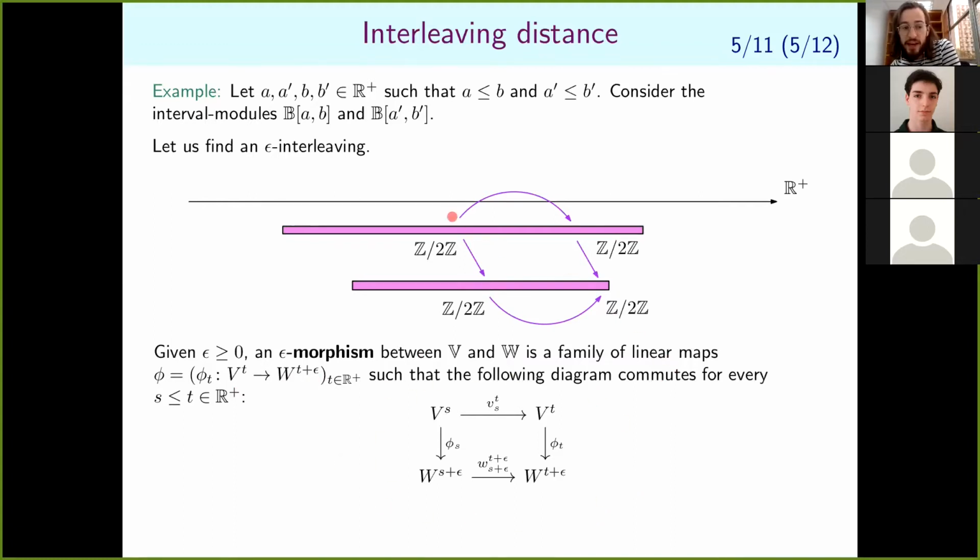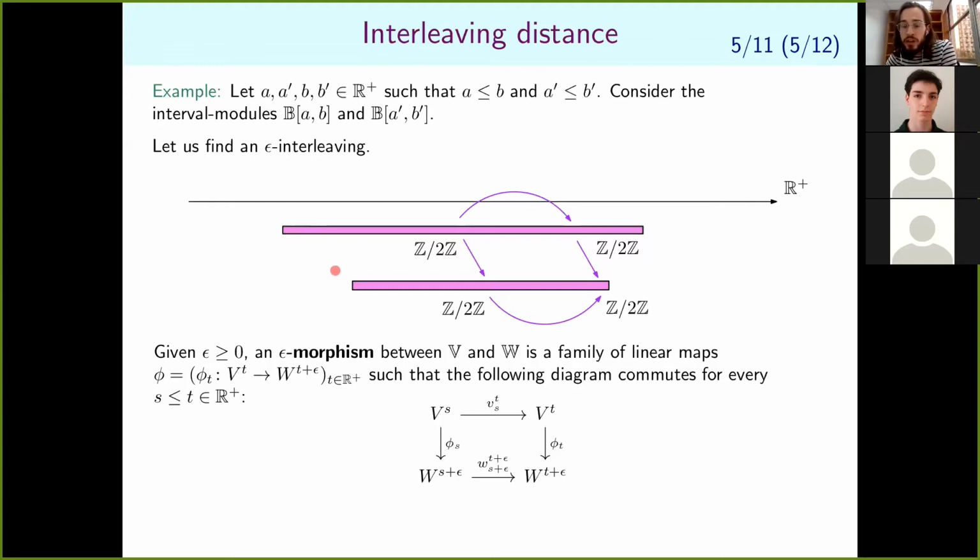Say I take t here, and say that this is epsilon. Remember that the interval modules are defined as follows. Above each point of the interval, you have the vector space Z/2Z. Outside the interval, this is the vector space 0. The maps of the persistence module structure are the identity while you stay in the interval and 0 when you go out or in from the outside.